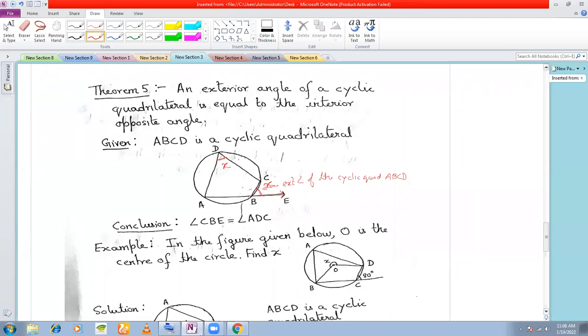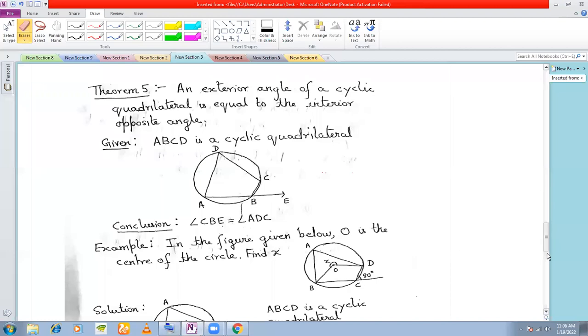In the same figure, if I say this angle is x, then which other angle will be equal? The interior opposite one, so this one will be x. If I make another exterior angle by producing this side, which angle will be equal, the interior opposite angle? That means this angle will be x.